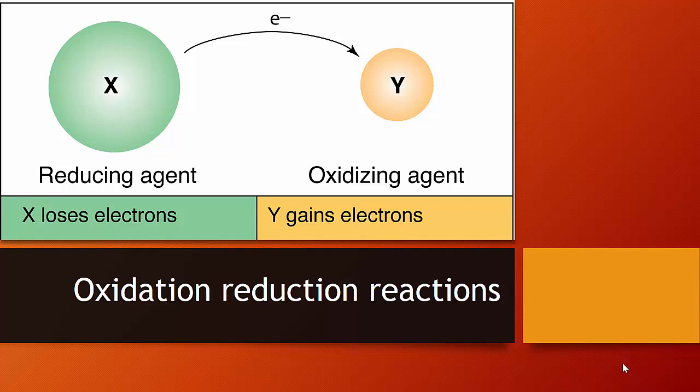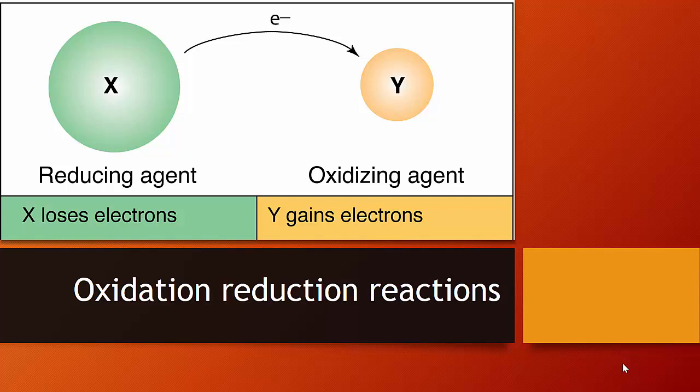You have one molecule or atom transferring an electron to another. The molecule or atom that loses electrons is the one being oxidized. Lose electrons, oxidized. The one that gains electrons is the one being reduced.